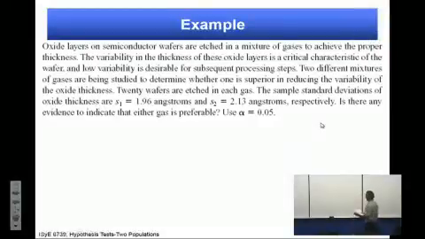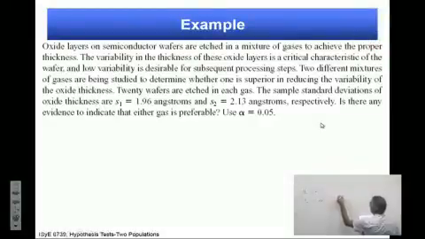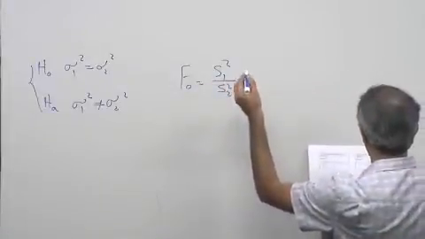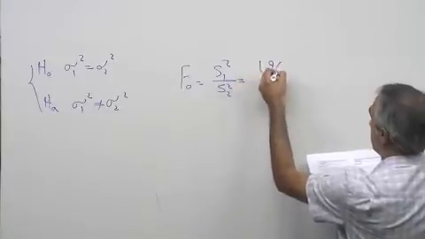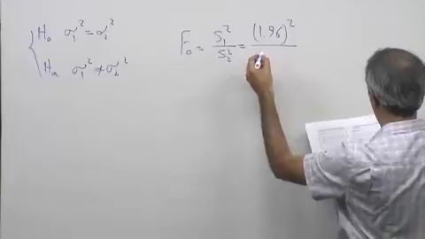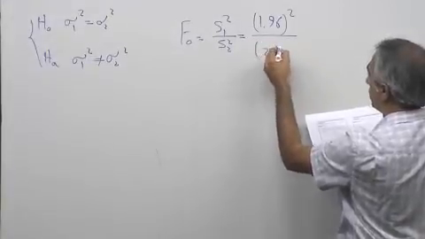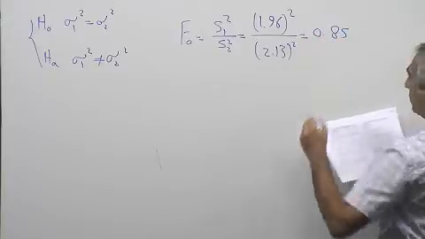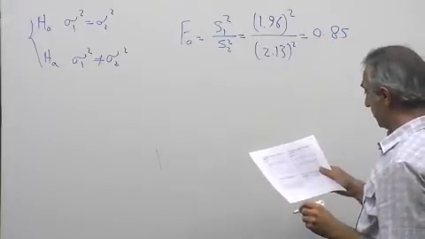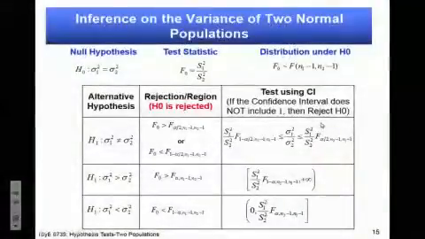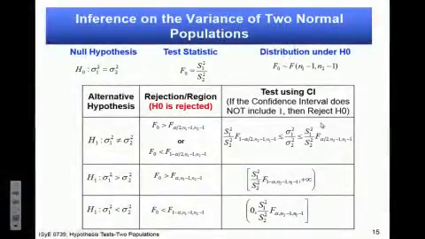We calculate F0, which is S1 squared divided by S2 squared. In this case it is 1.96 squared divided by 2.13 squared, and that number is 0.85. And we compare it with, if I go back, the 2 critical regions, this one and this one.